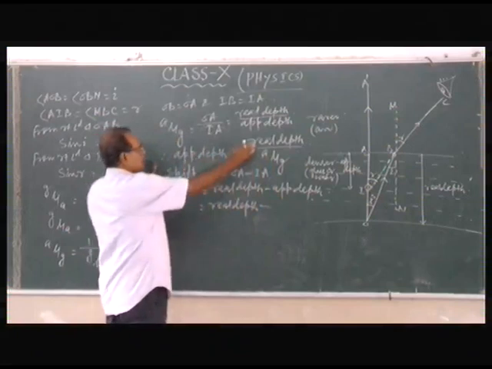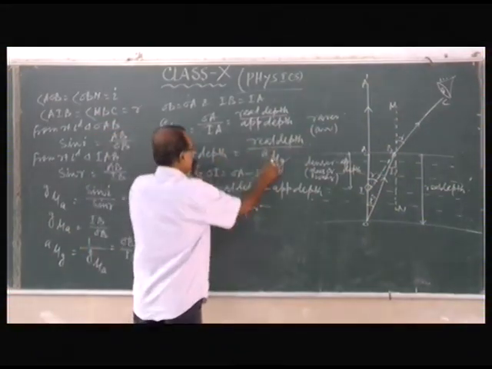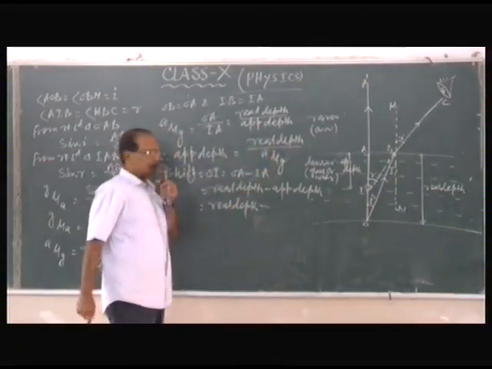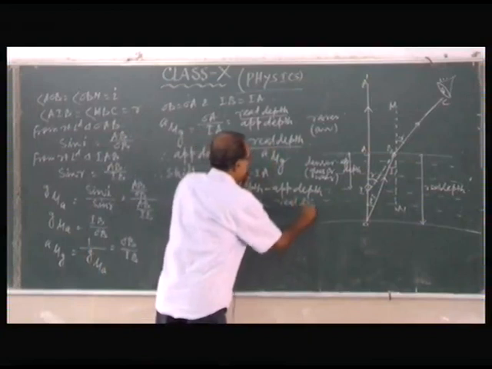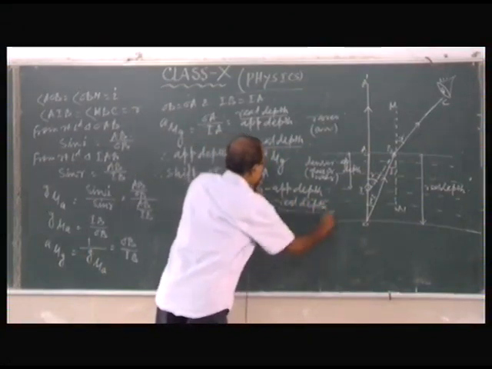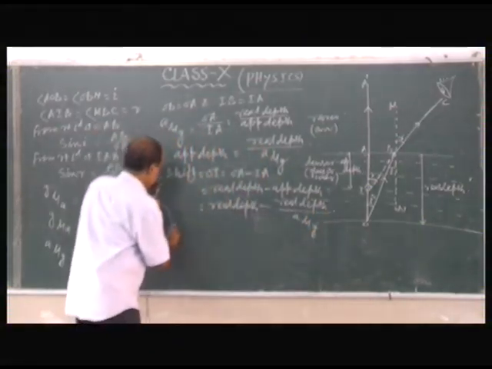Already we have found, apparent depth is real depth by A mu G. Now real depth is common.